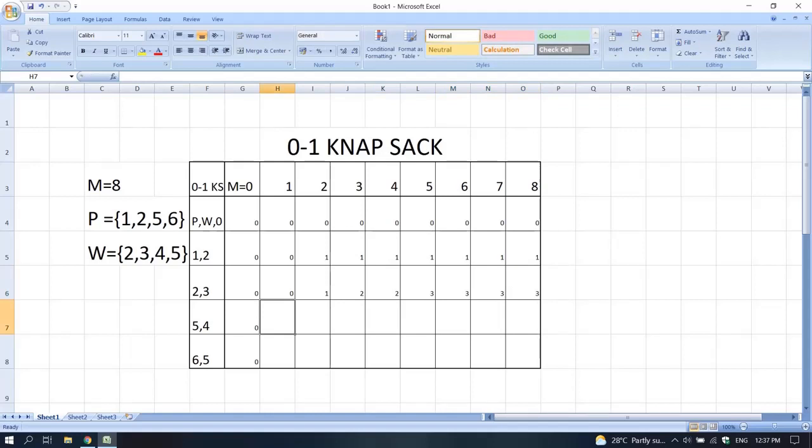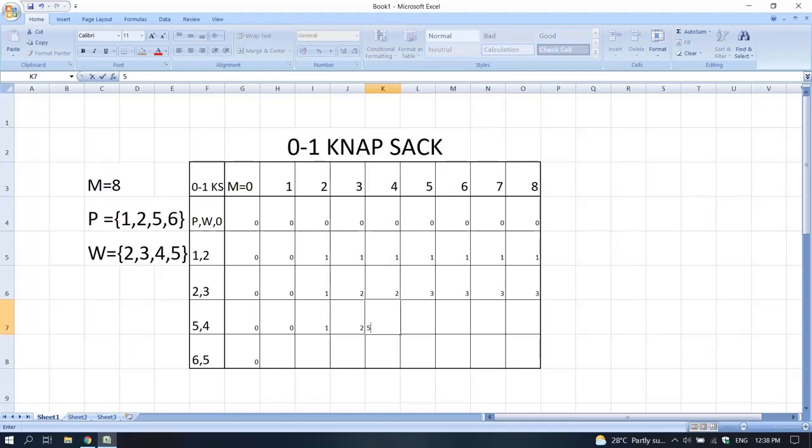Now coming to this row, the first column is going to be 0, second column 1. We can see that the weight of this object is 4, so till 4 we don't have any option. Either we have to include this object or exclude it. If we include this object, we get the profit as 5, or else our profit is going to be 2.